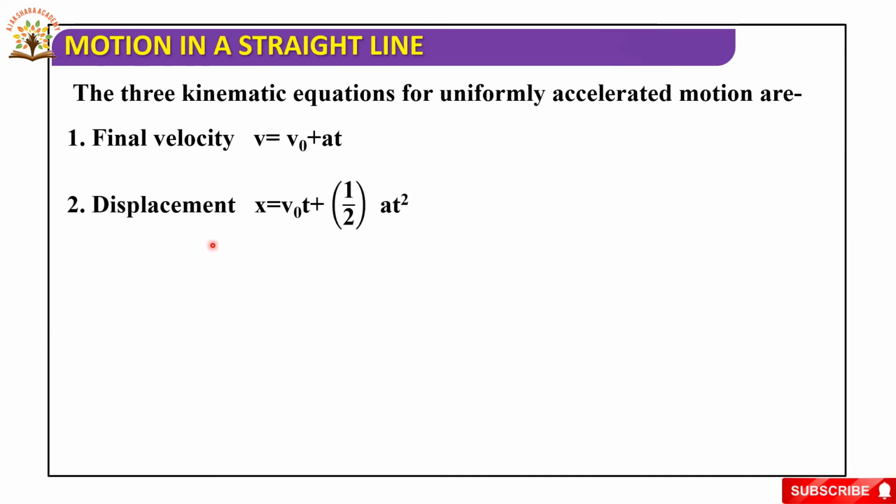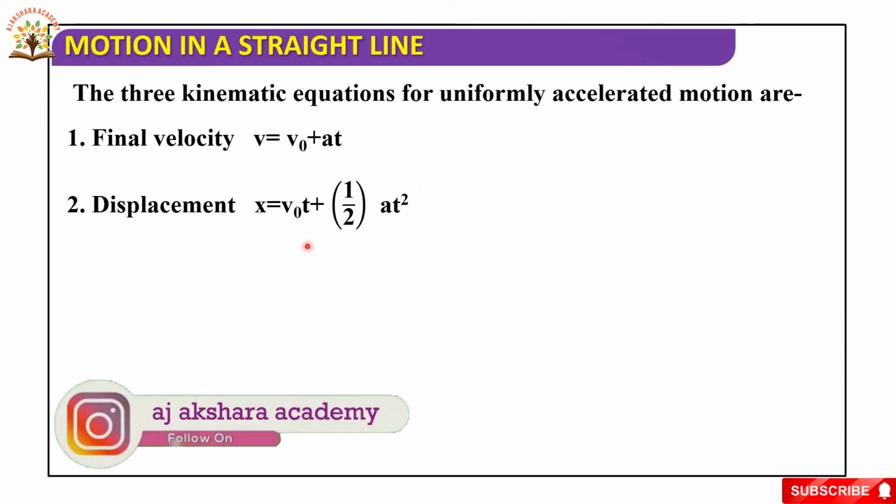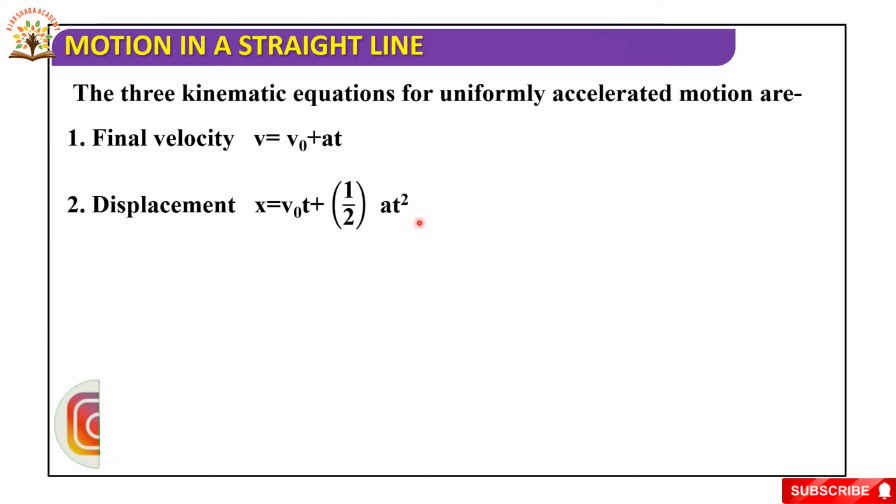Second one, displacement x is equal to v naught t plus half a t square. It is in the form of s is equal to ut plus half a t square. The first equation is in the form of v is equal to u plus at.